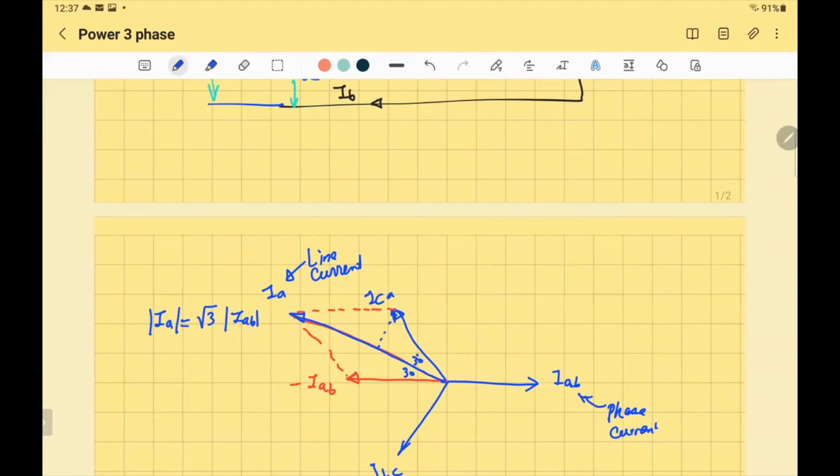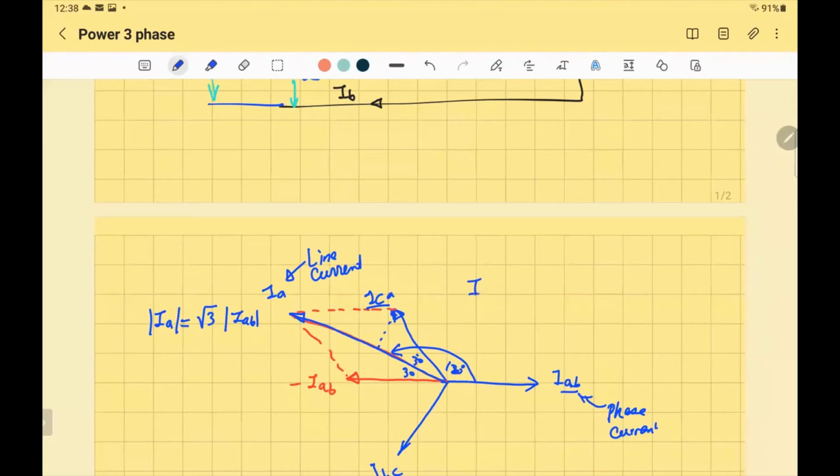What about the angle? If you look at this angle, you can say that IA is leading IAB by all this angle. What is this angle? 30 degrees plus 120 here, because there are 120 degrees between IAB and ICA. So 120 and 30 will be 150.